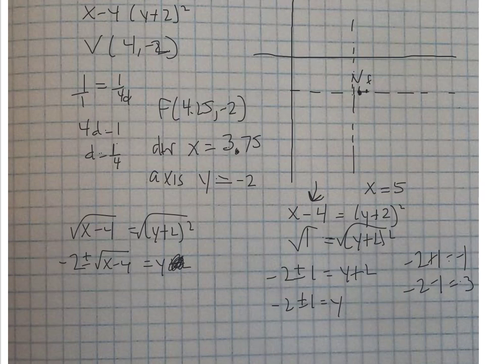These are your y values. So my points will be 5, negative 1, and 5, negative 3. Of course, you could have avoided all of that by just putting it into the calculator. But either way, however you get these points, they need to be on the graph. So now that you have a perfect idea as to what the width is like, you can draw the graph.